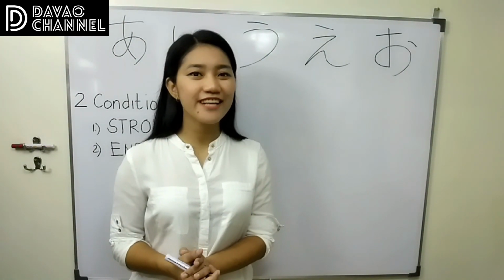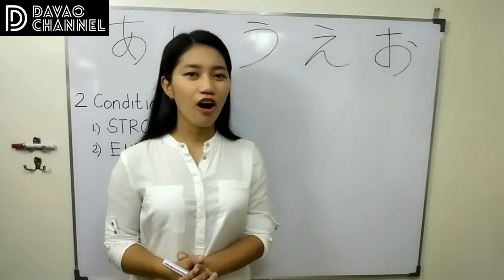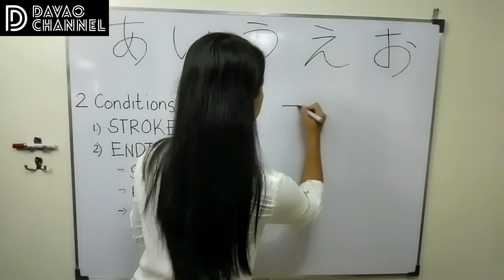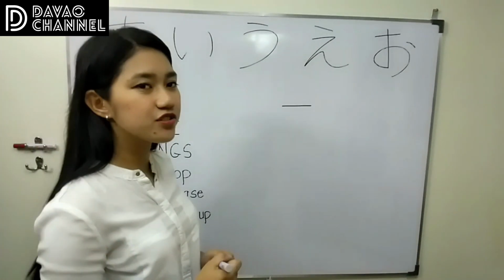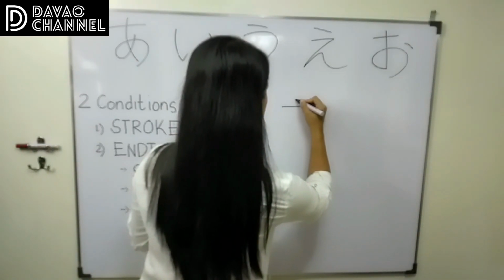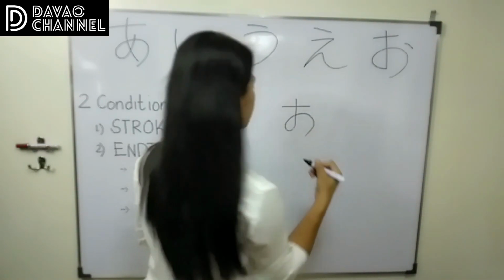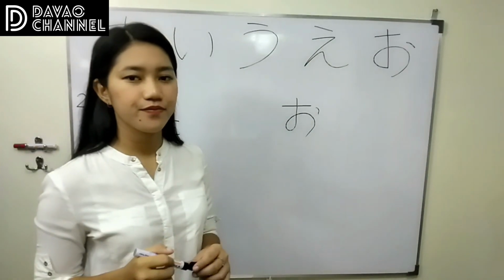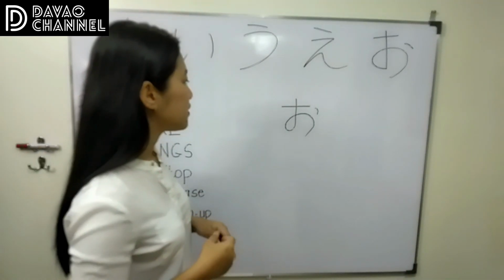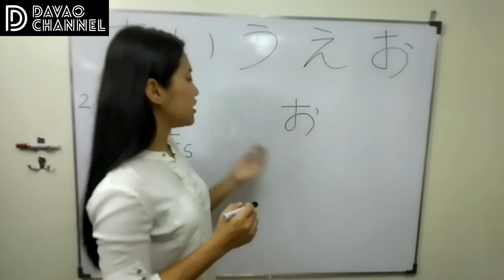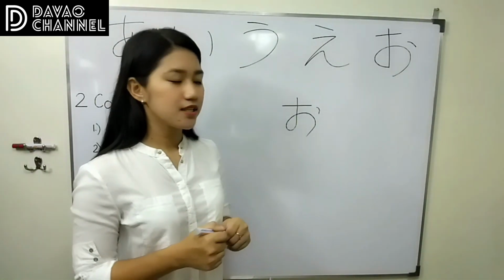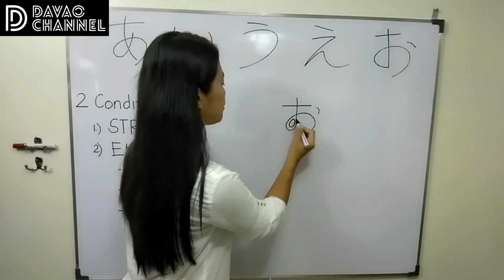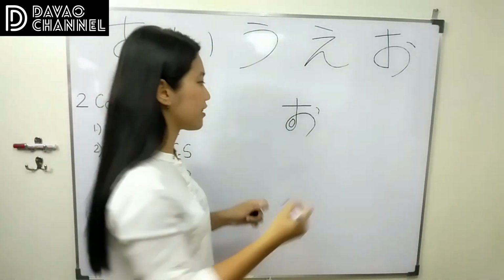Let's proceed to the last vowel, the letter O. First stroke. The second stroke. Release, and our third stroke. In here we should remember a thing, that this area should occupy a smaller space than this area.